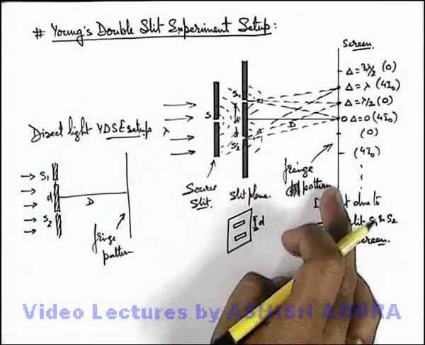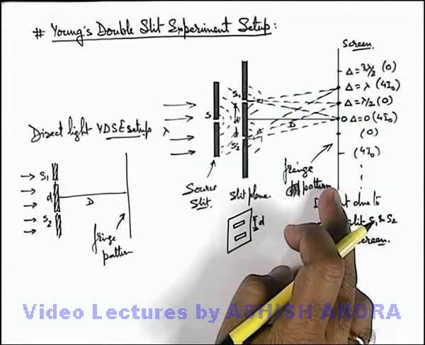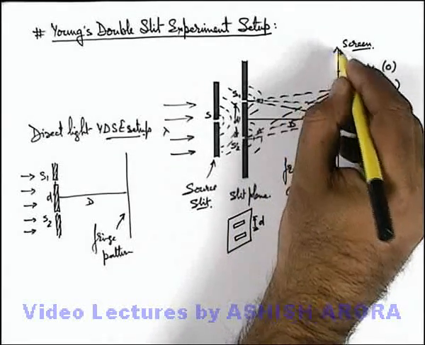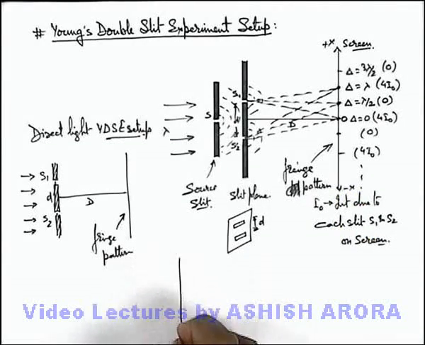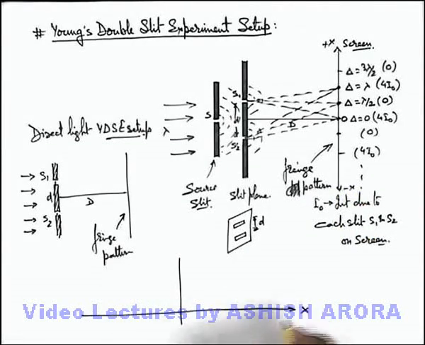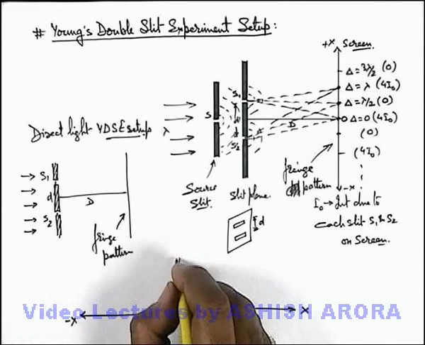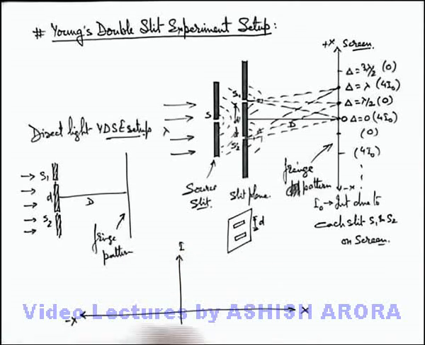If we talk about the variation of intensity on the screen, if the screen center is the origin with plus x on one side and minus x on the other, we can plot the variation of intensity against the x position.